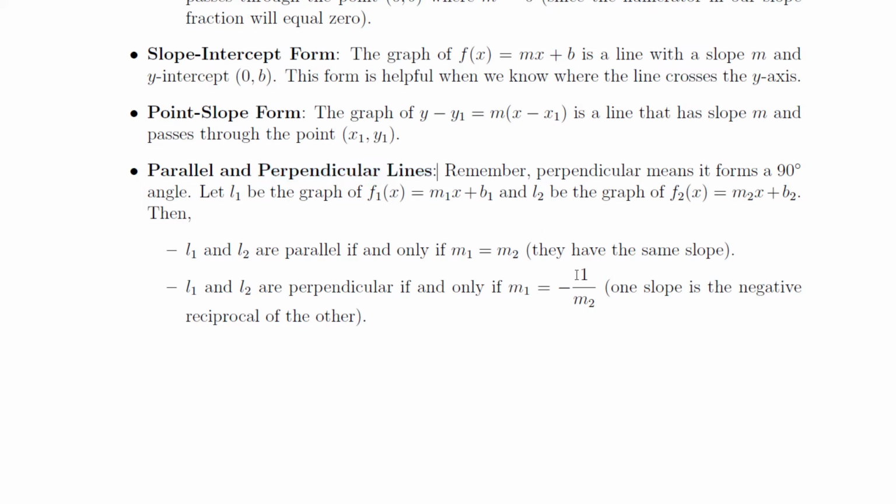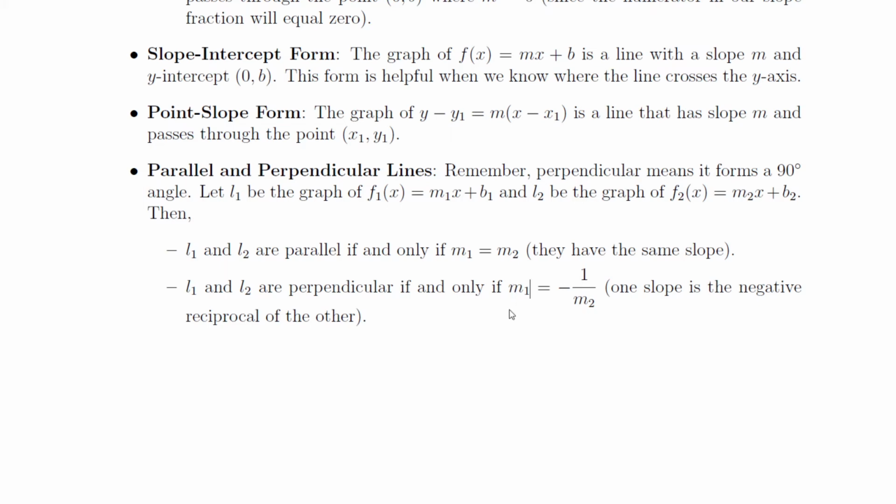Remember, negative reciprocal means you take the slope, flip it so it's in the denominator, and then make it negative. So you're essentially turning your slope into a fraction, or if it already is a fraction, you just flip the numerator and denominator.